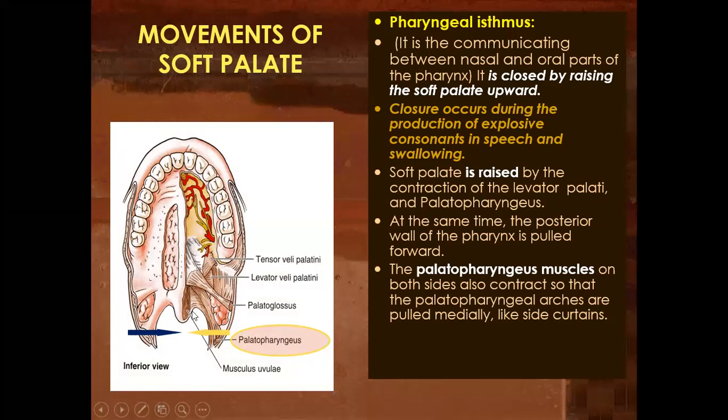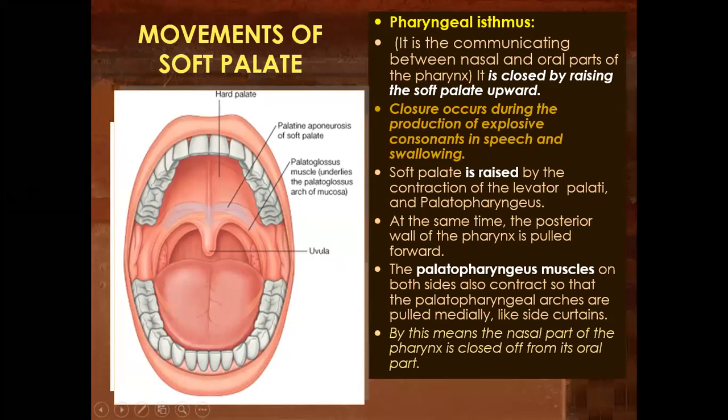This is the oropharyngeal isthmus, which communicates between the oral cavity and the oropharynx behind. So this also gets pulled up and pulls like a curtain and comes down. The palatopharyngeus muscle on both sides contracts in the directions shown, so that the palatopharyngeal arches are pulled medially like a curtain.